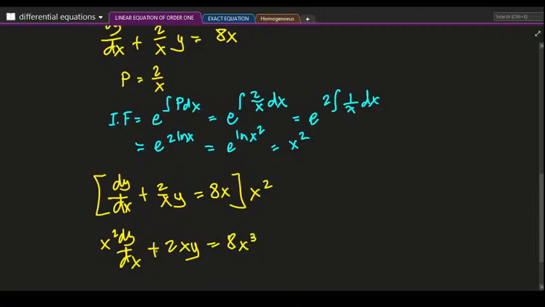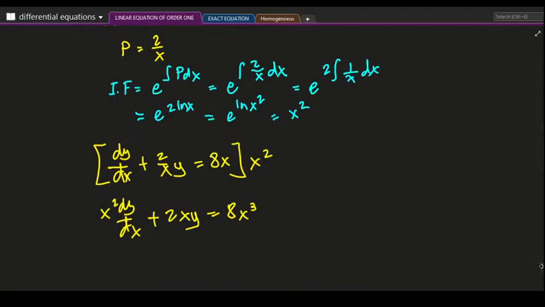Okay, so if you are going to solve for this, neglecting this part, this part is an exact equation. So the shortcut for that, so that we will not be going through the exact equation part of solving this, is that we'll just copy the integrating factor, which is x squared, then multiply it with the dependent variable of our given DE, and for this one, this is y.